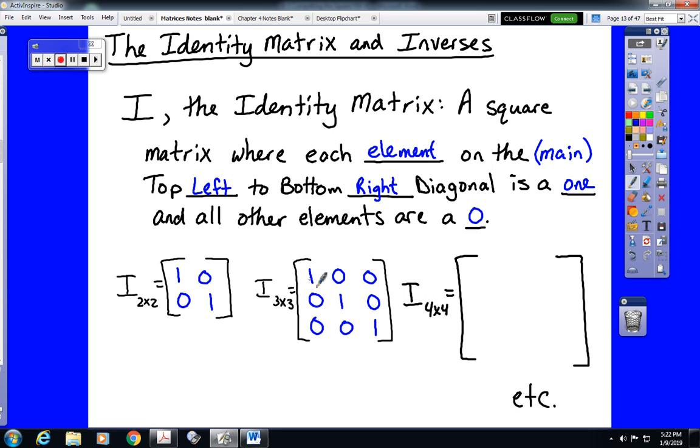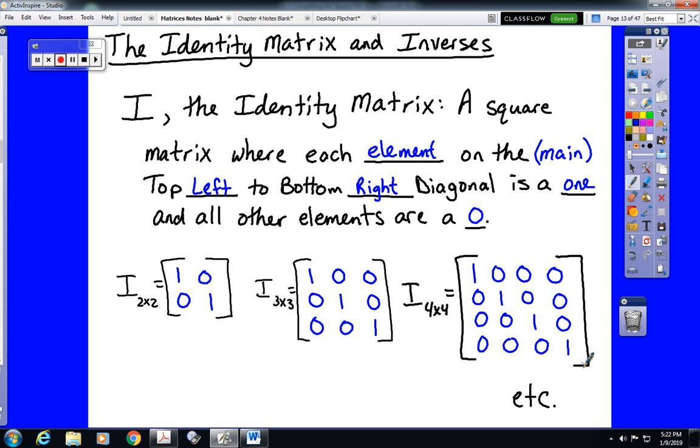So that entire diagonal from top left to bottom right would be 1s, and every other entry is a 0. Now we could continue this exact same pattern for any size square matrix. For instance, here is 4x4. Notice the entire top left to bottom right diagonal is 1s.